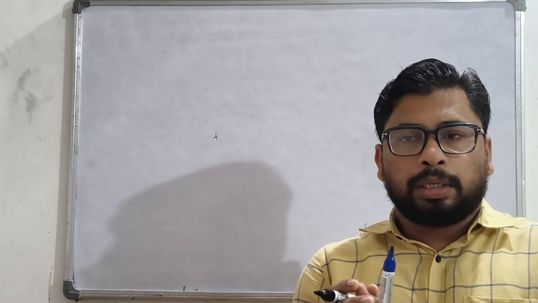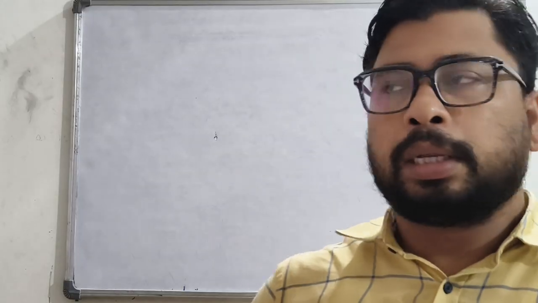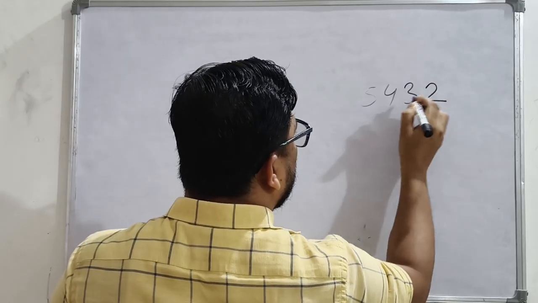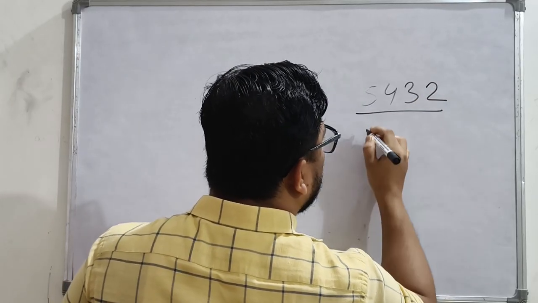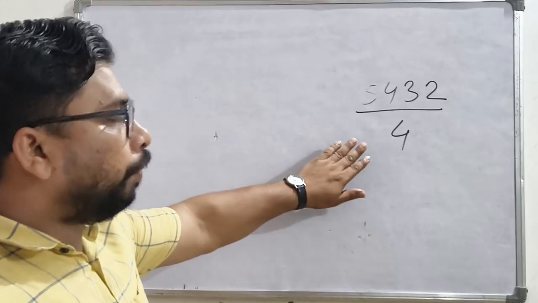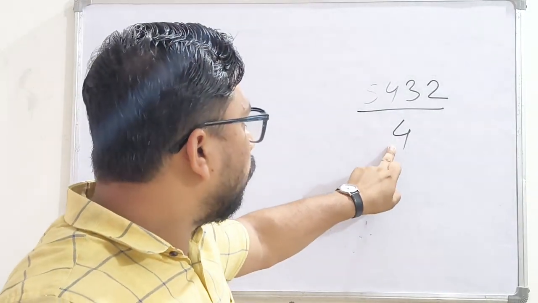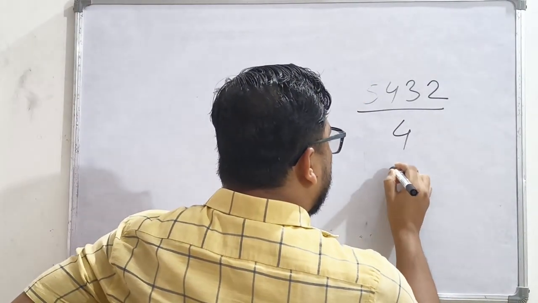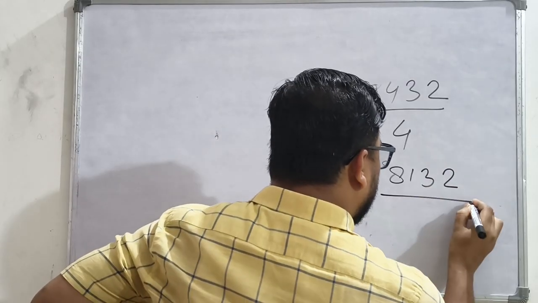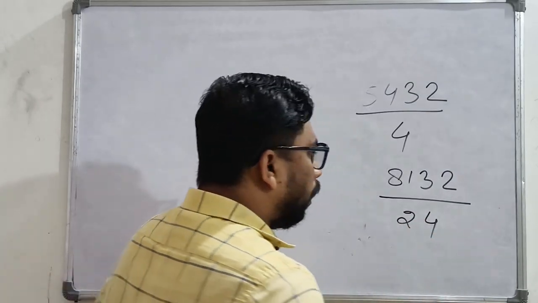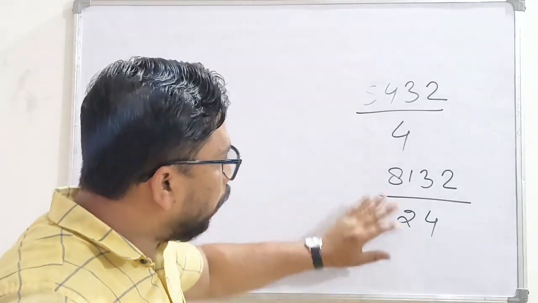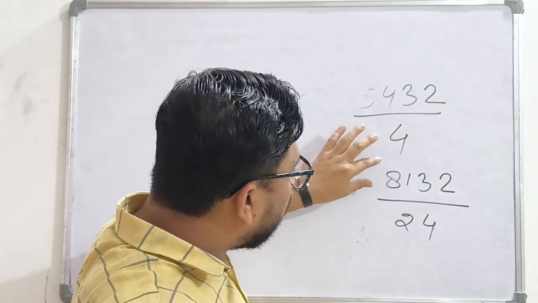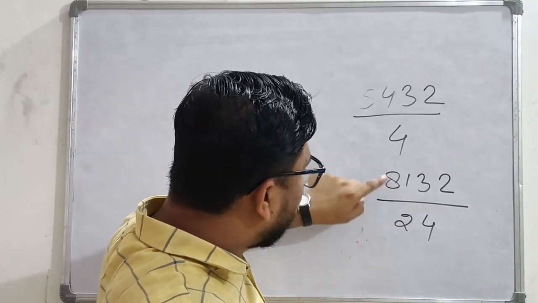When you are going to calculate numbers like 5432 divided by 4, if you know the divisibility rule of 4, then you can cancel this out. Or 8132 divided by 24: if you know the divisibility rule, then you can cancel this out, or you can simply go by cancelling by 2 in numerator and denominator.